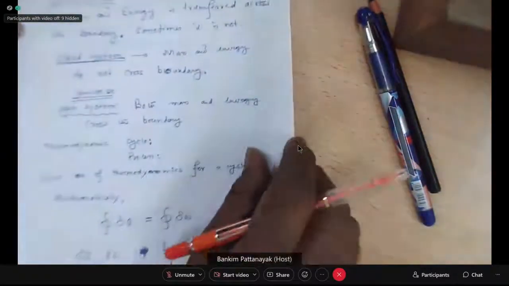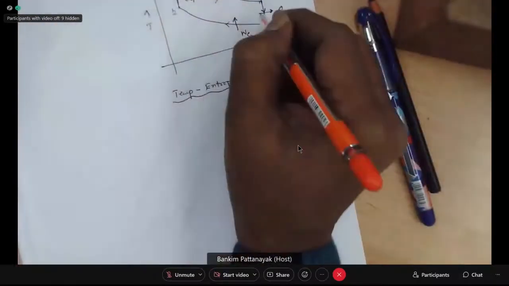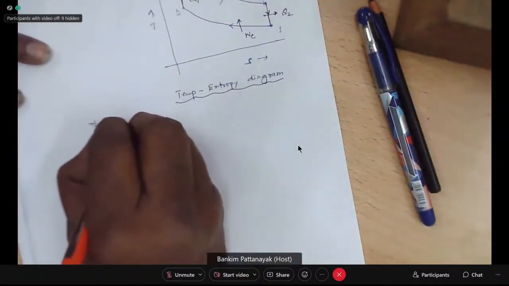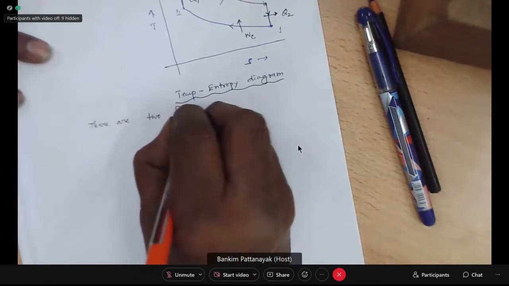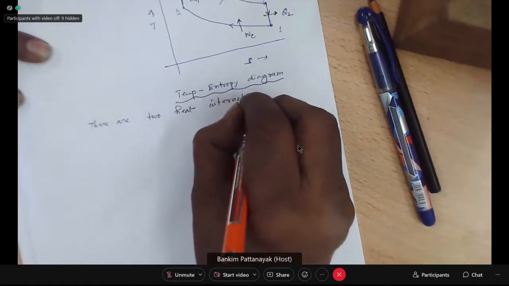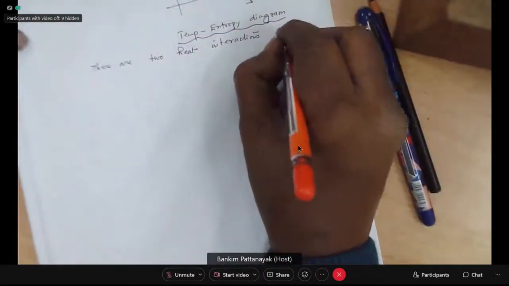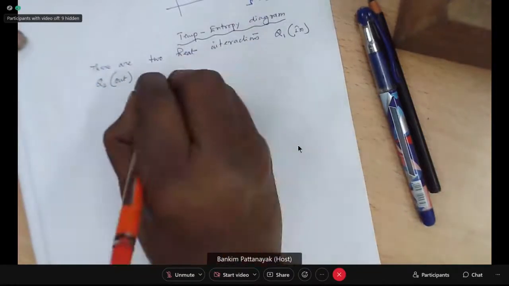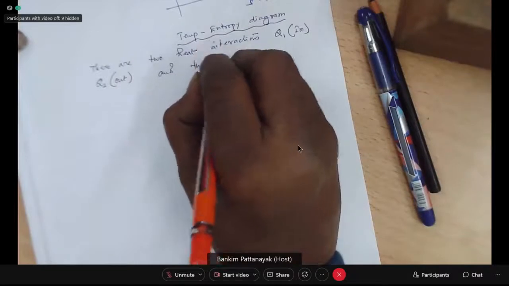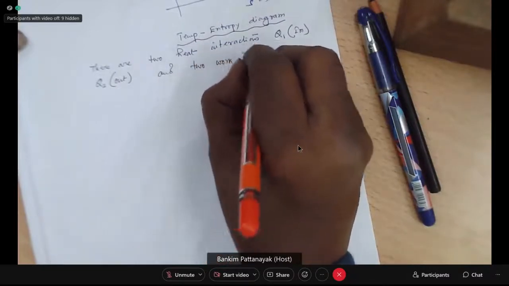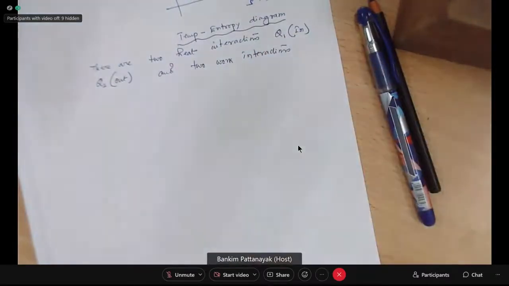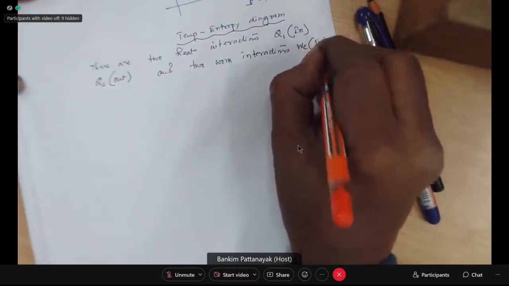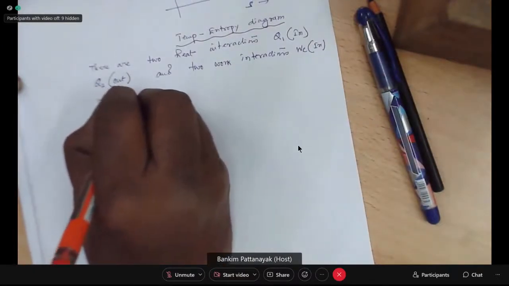The first law of thermodynamics says del Q is equal to del W. There are two heat interactions, that is Q1, which is in, and Q2, which is out from the cycle, and two work interactions, which is WC, into the cycle, and WE, out from the cycle.